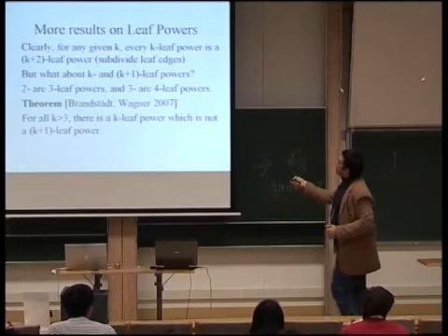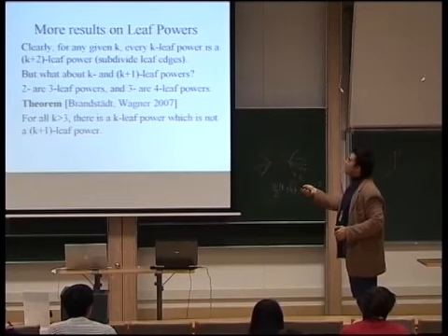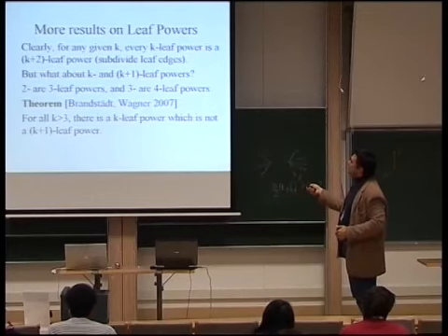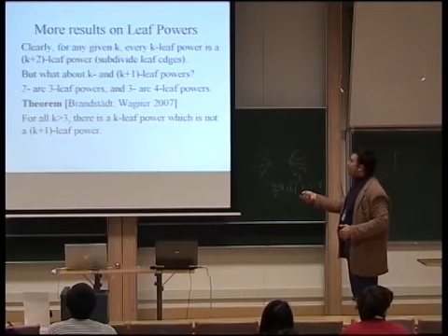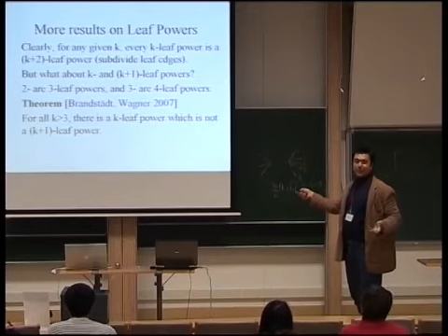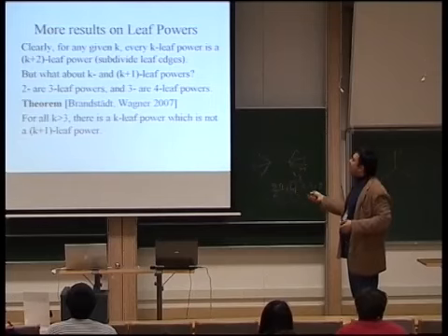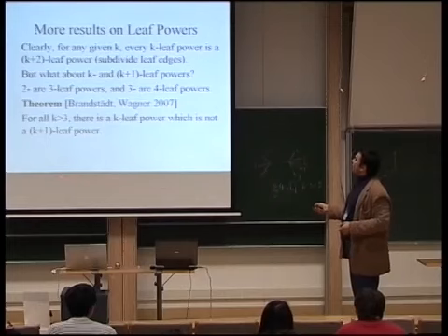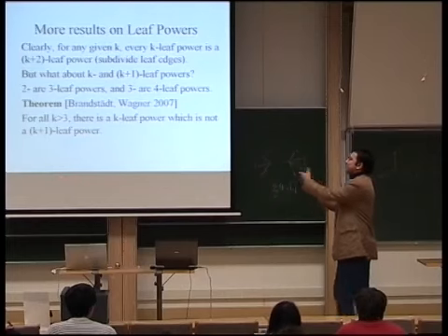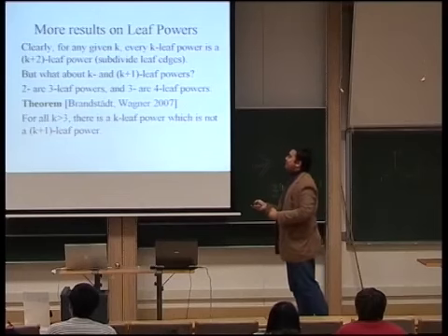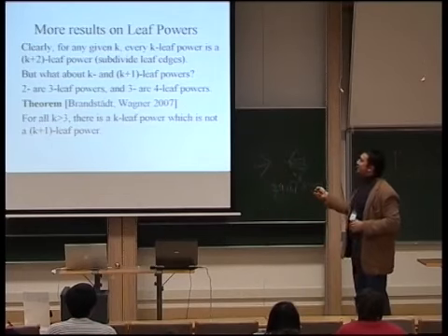So this is very simple. k-leaf powers are k+2 leaf powers. But what about this question? 2-leaf powers are 3-leaf powers. 3-leaf powers are 4-leaf powers. This is a fact. But for all k larger than 3, this does not hold anymore. Well, this is an existence result.